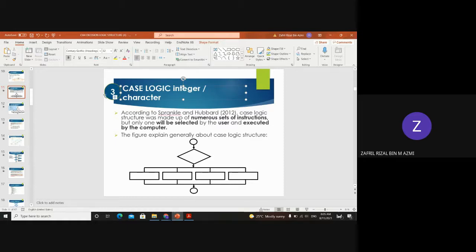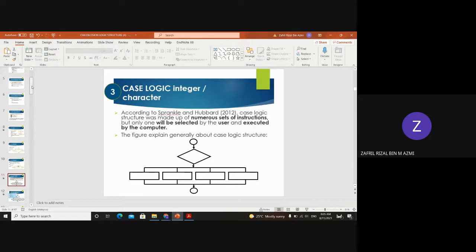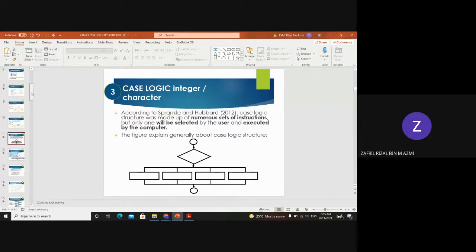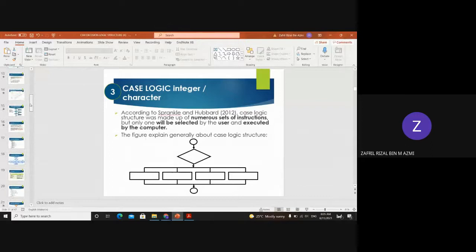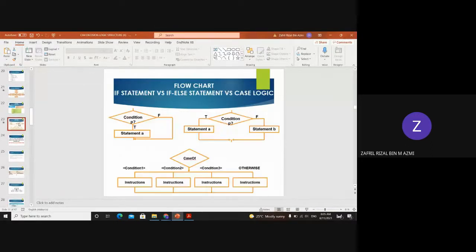For the if-else statement, what we discussed last week consists of three types. The first one is single selection. In single selection, if the condition is true, there is a statement for true.